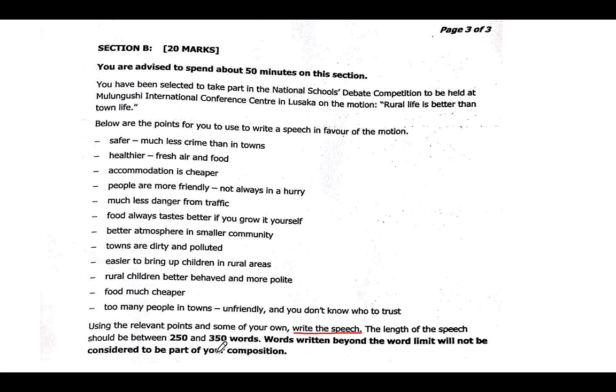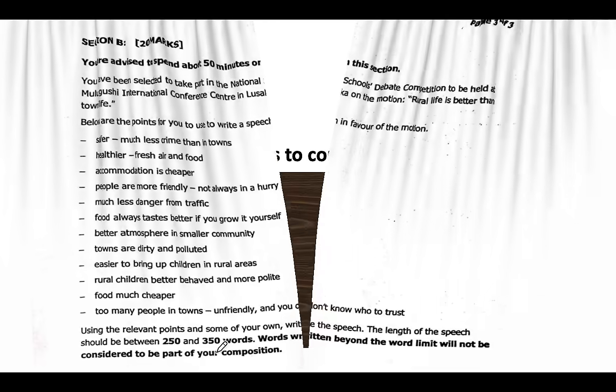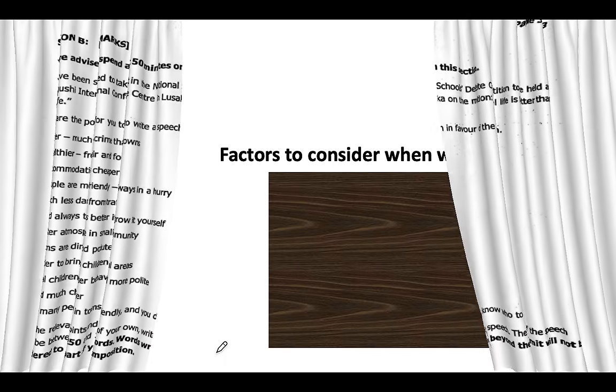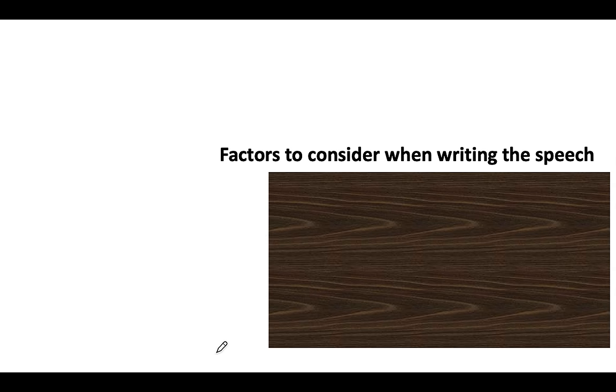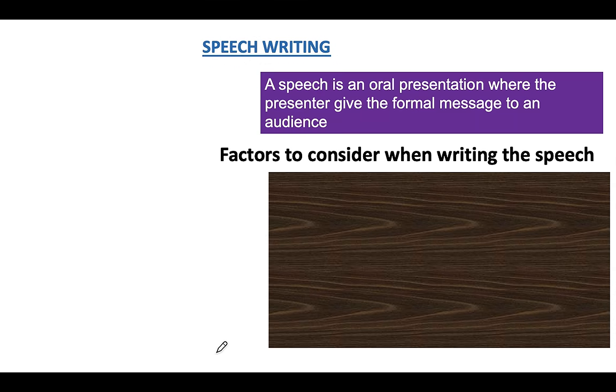Now, I have to give an insight on how to write a speech, a step by step insight. So let's try to look at some basics, the factors to consider when writing a speech. So we have to know a speech is an oral presentation where the presenter gives a formal message to the audience.